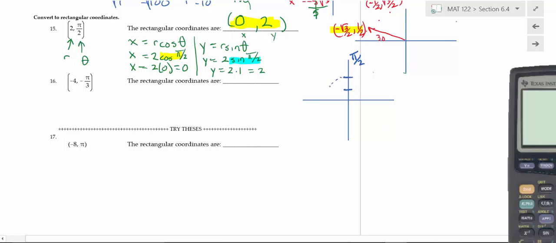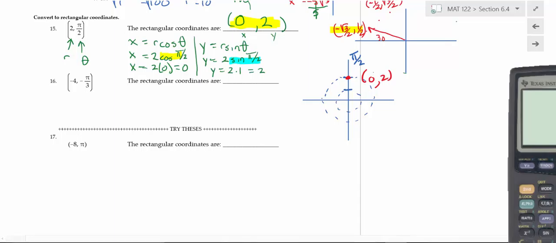Remember, in polar coordinates you've got circles going around like this, and that's enough to figure this out. This point has an x value of 0 and a y value of 2. So you can superimpose the rectangular coordinates over the polar coordinate system like that, and you've got it.